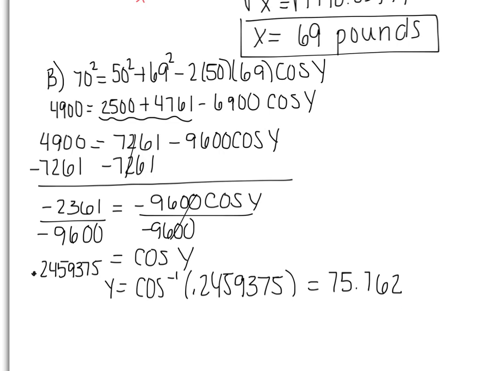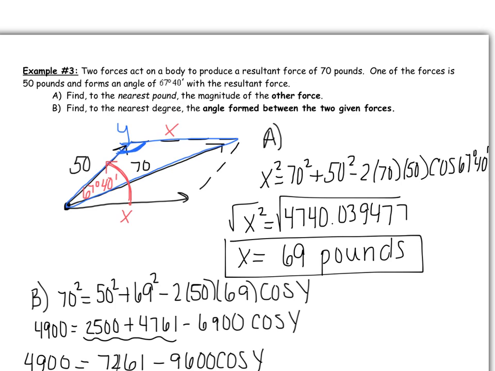But remember, that's y, which is this piece up here. I want this angle. So this whole angle here is 180 minus that 75.7627. So in the calculator, you should already have the 75.7627. Do 180 minus that and do second answer.